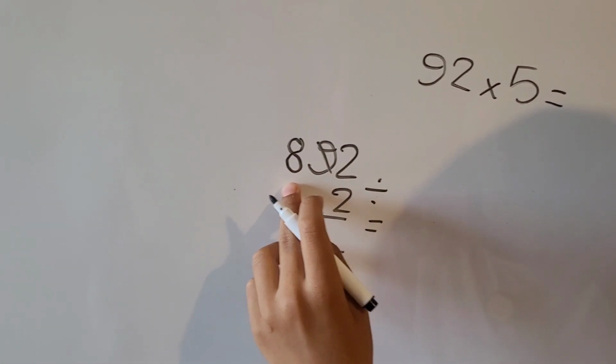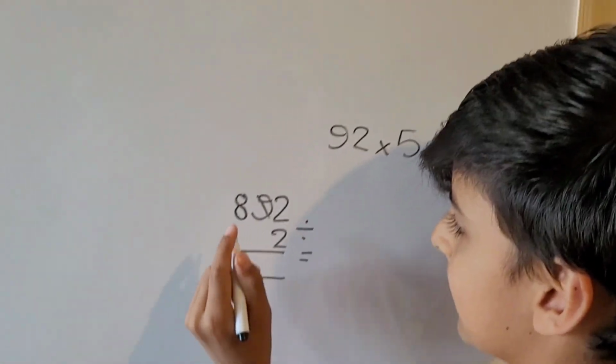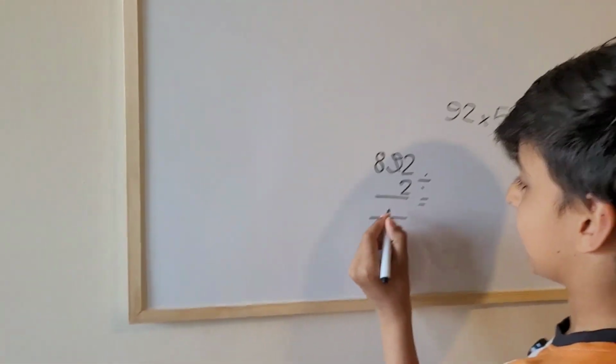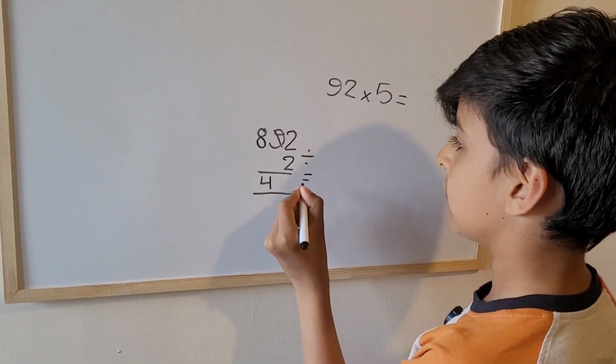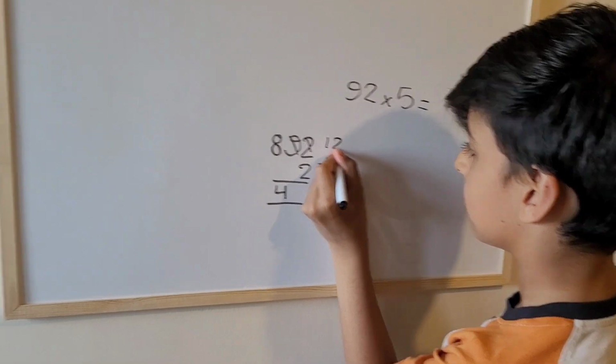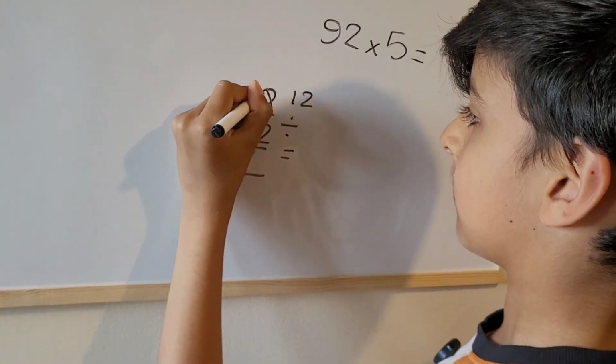Which is 8. 80, because it's the tens place. 80 divided by 2 is 40. Write the 4. Now it's not a 2 anymore, it's a 12, because we took the 10 and changed it to 12.